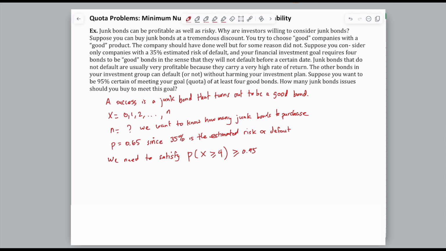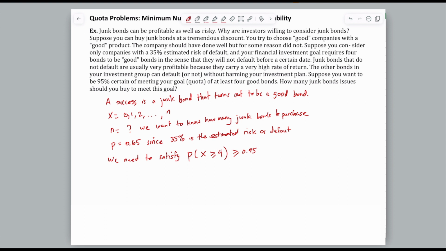So we need to satisfy that the probability that we get at least 4 junk bonds that don't default is greater than 0.95. That's the confidence part. We want to be 95% confident to meet our quota. So we want at least 4 junk bonds to be good bonds, so that our confidence of this is more than 0.95. Okay, that's what we're trying to satisfy.